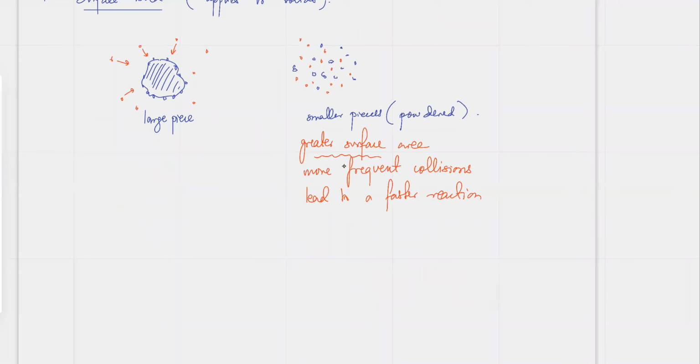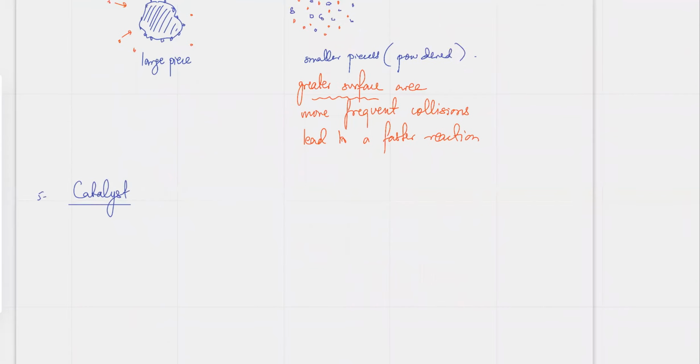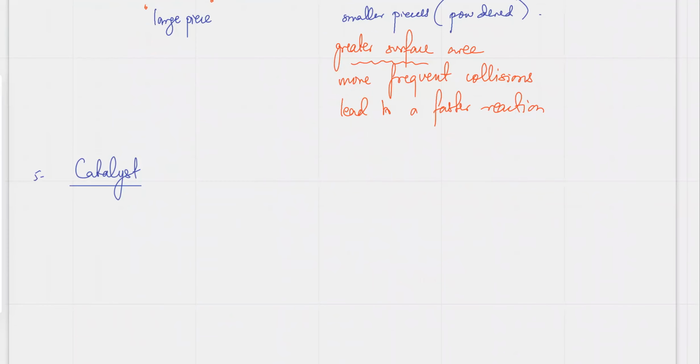And the last one is when I add a catalyst. Okay, point number 5. Now, if I add a catalyst, what happens with a catalyst is that it lowers the activation energy and leads to more effective collisions.